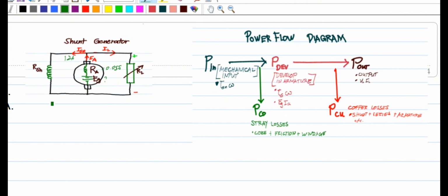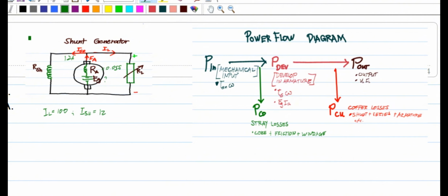From the given, we have IL of 100 amperes and ISH of 12 amperes.